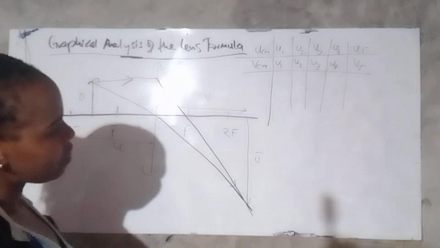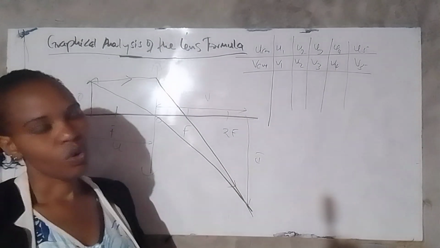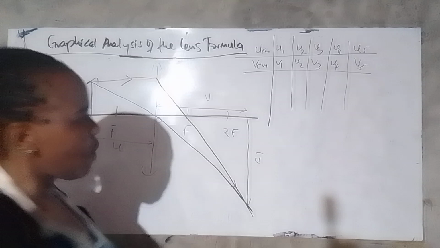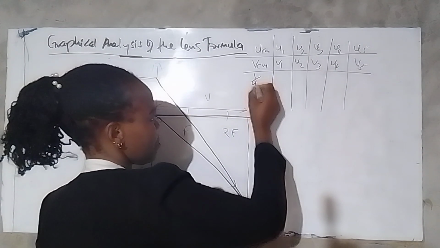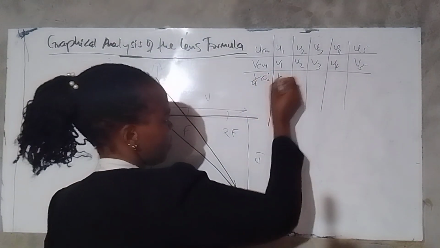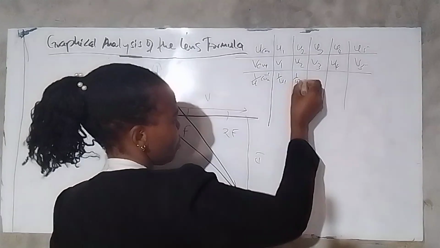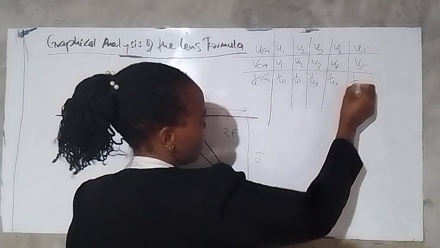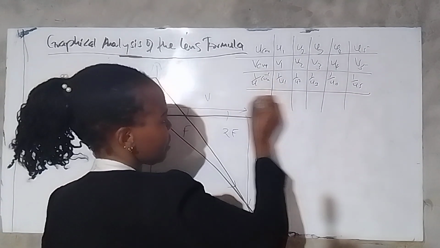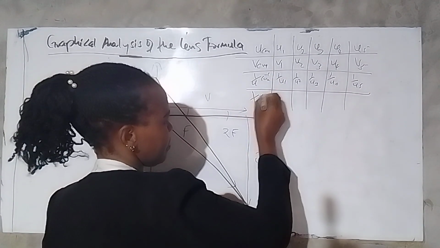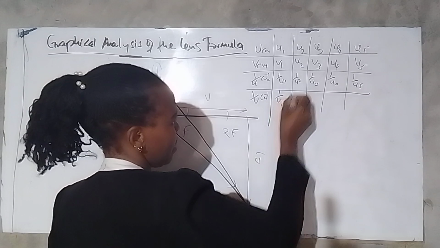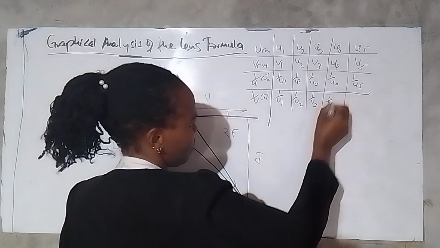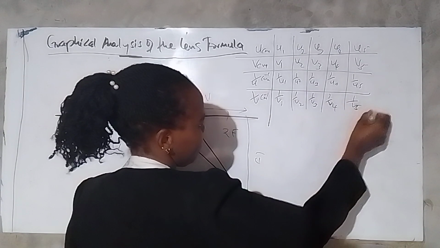Then we created other columns: 1 over U per centimeter, that is 1 over U1 up to 1 over U5, and 1 over V per centimeter, 1 over V1 up to 1 over V5.